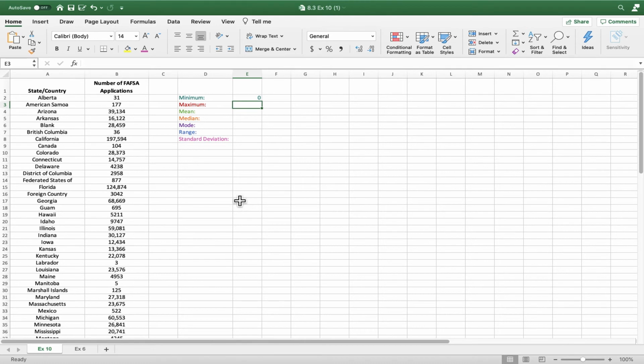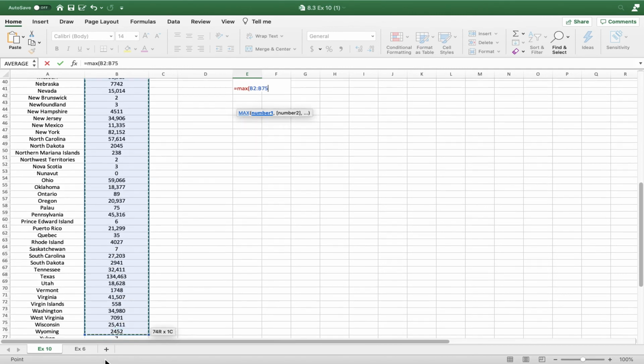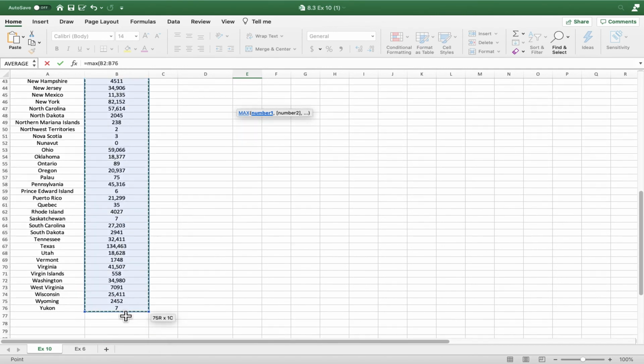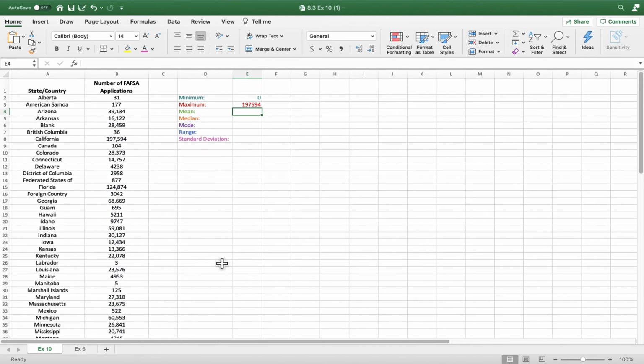have any FAFSA applications. So to find the maximum, very similar, equals max, parentheses, and we're going to select all those data values again. Close, enter, there it is. The mean, you don't type mean, you actually type average.